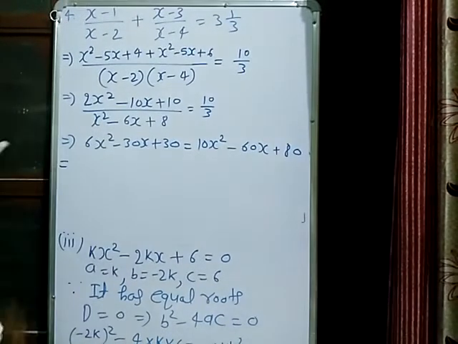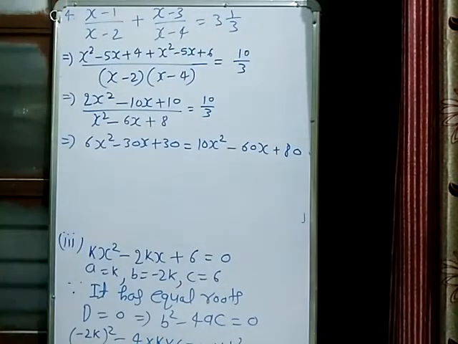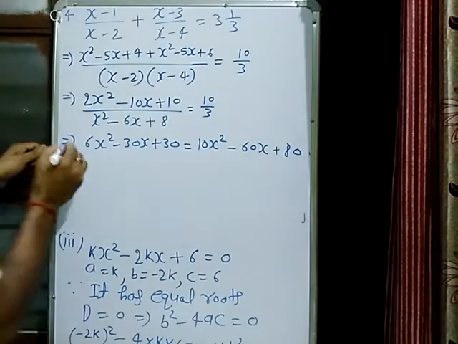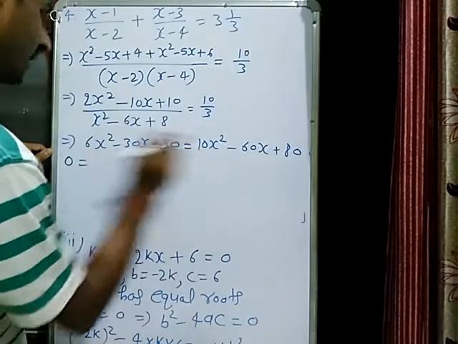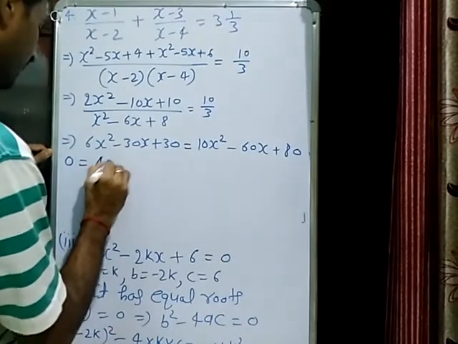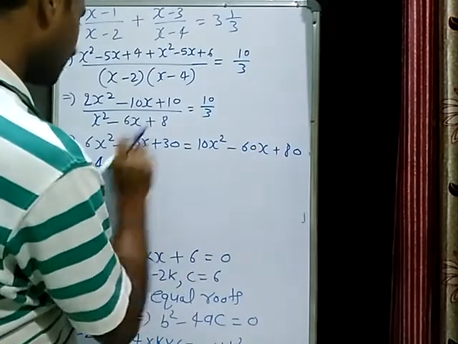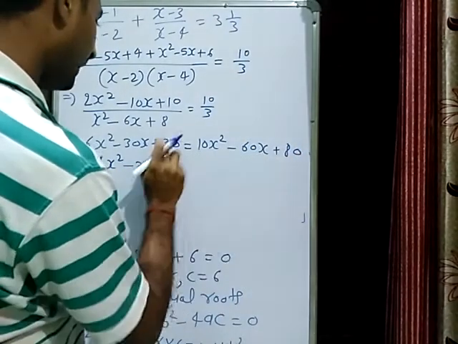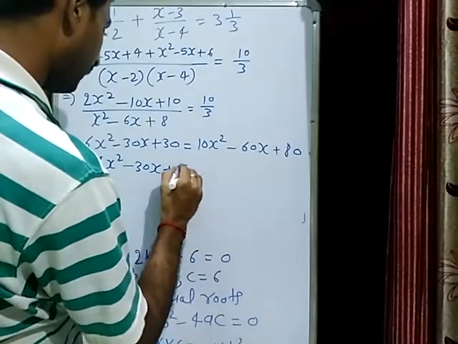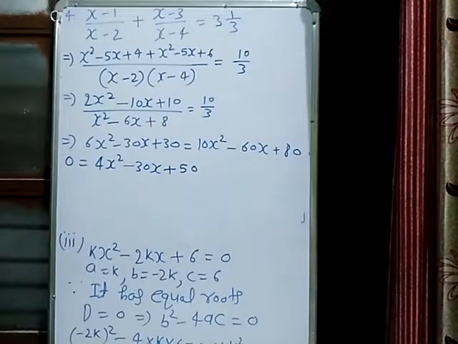Here we transpose all terms from the left side to the right side. So it becomes 0 is equal to 10x square minus 6x square, that is 4x square, minus 60x plus 30x, that is minus 30x, plus 80 minus 30, that is plus 50.